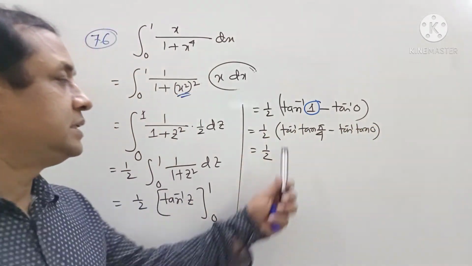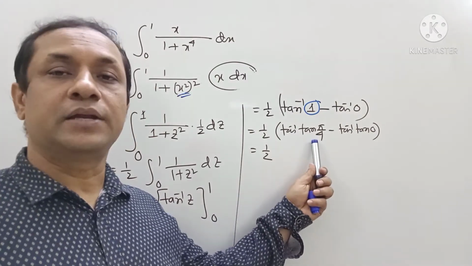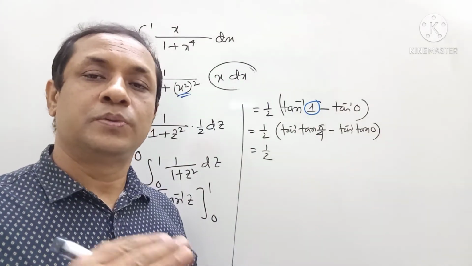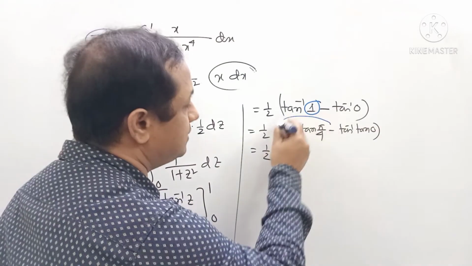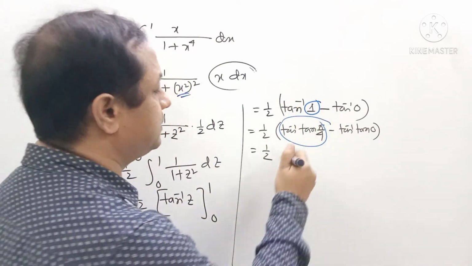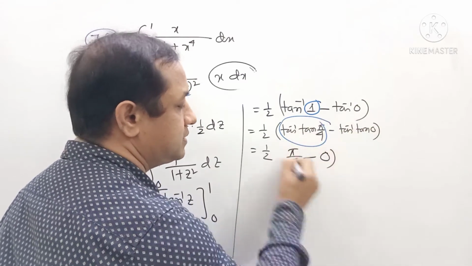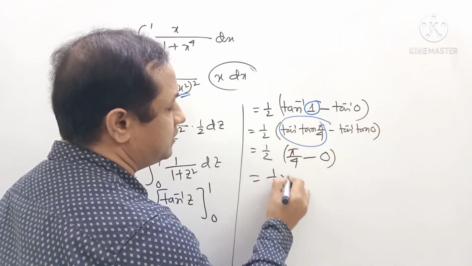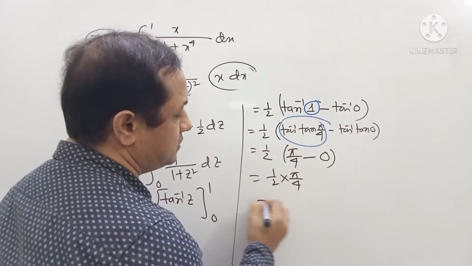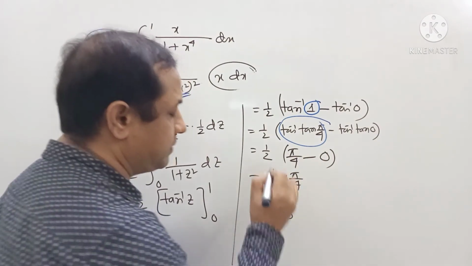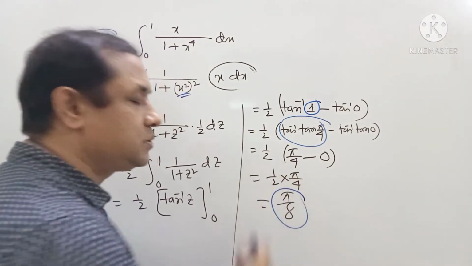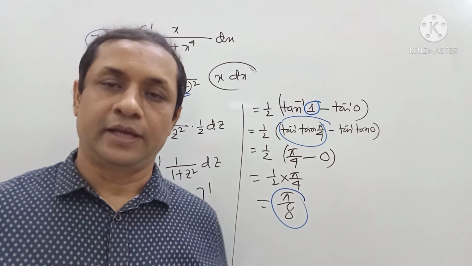Now tan inverse tan pi by 4 equals pi by 4, and tan inverse tan 0 means 0. So half into pi by 4 equals pi by 8. So the result will be pi by 8.